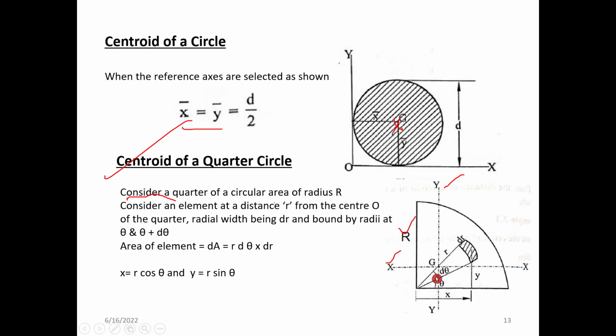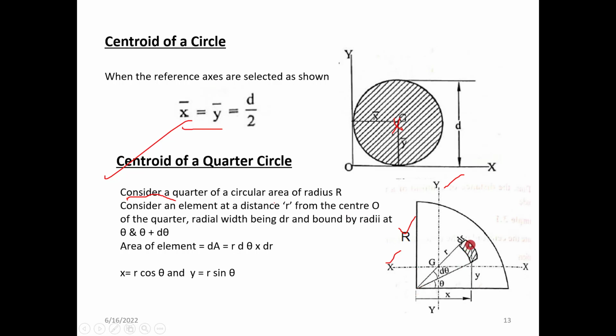You ignore these axes; they are only an indication of the x and y axis coordinates. We are considering all the derivation with respect to this centroid. This is only for reference of x and y, that's why it's shown in dotted lines. It is not the real axis. We are taking it with respect to this centroidal axis. Okay, coming back. Consider an element at a distance of r from the center O.